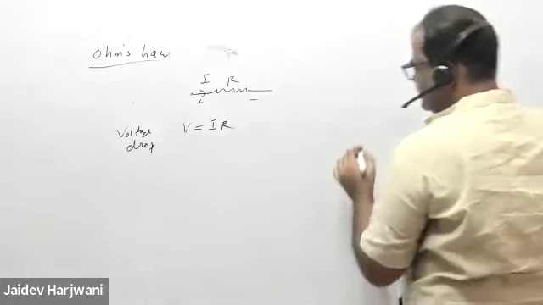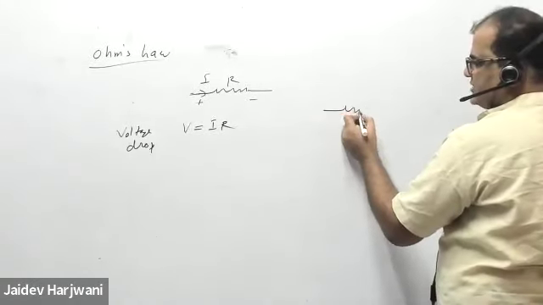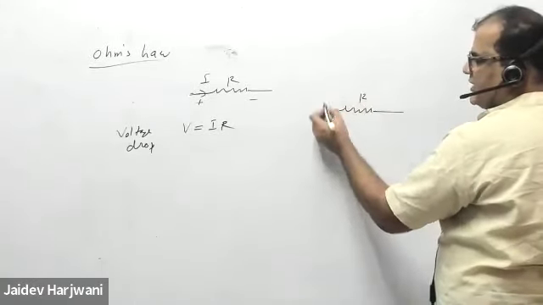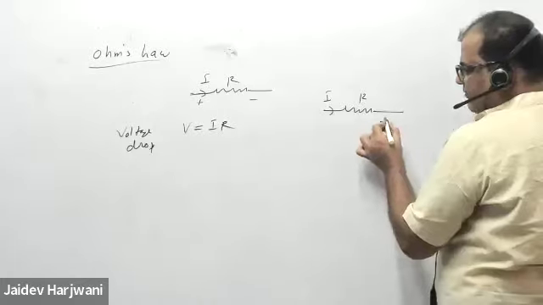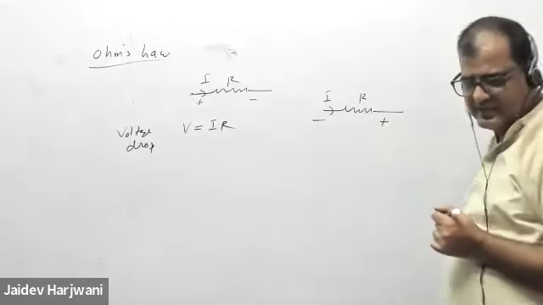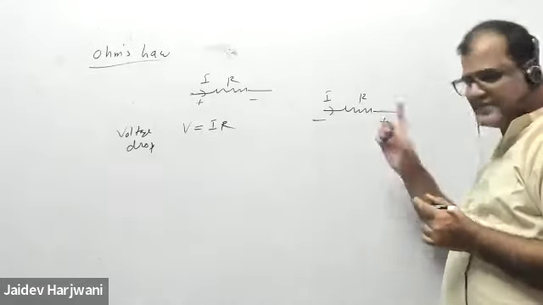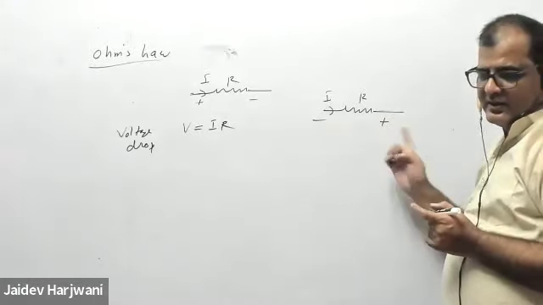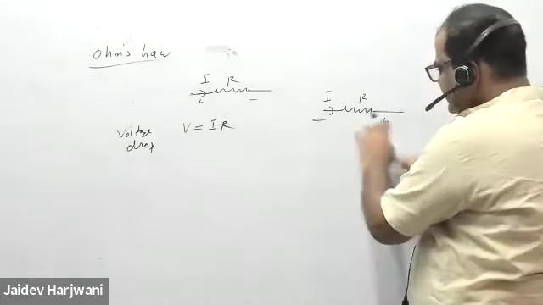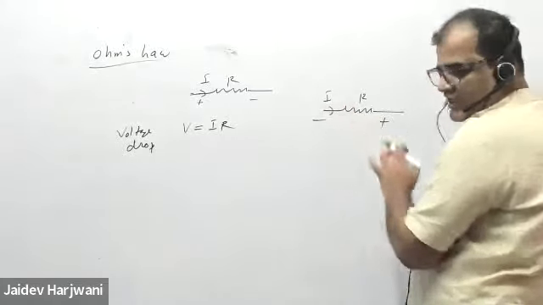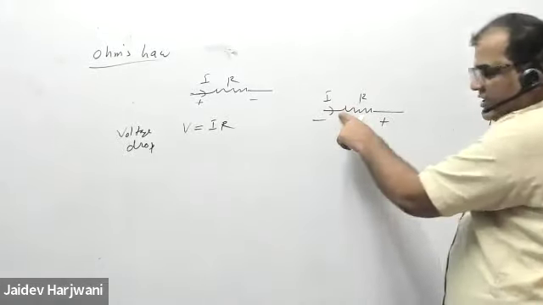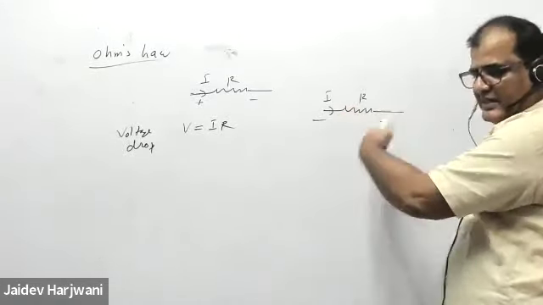Now same circuit, same resistance R, and current is also flowing here, but I am measuring voltage like this. When I put plus here, that doesn't mean this is the higher potential. This is how I am measuring the voltage at this point with respect to this point. Current is going so that this is the higher potential and this is the lower potential, but I am measuring oppositely.